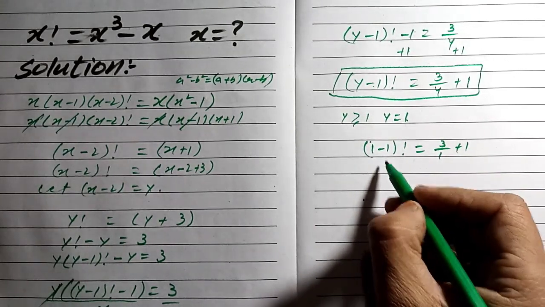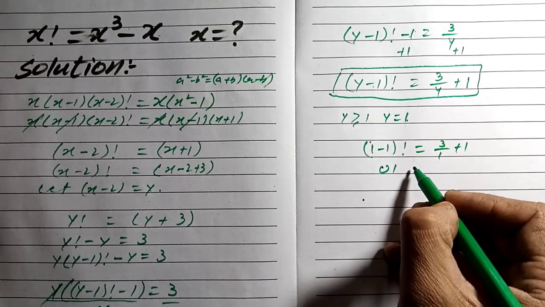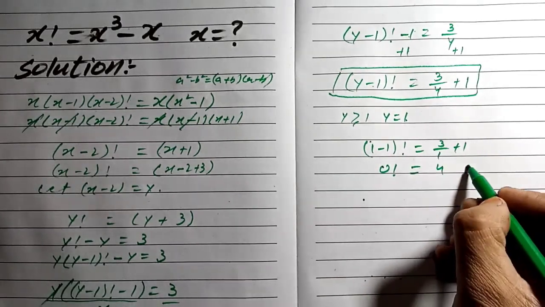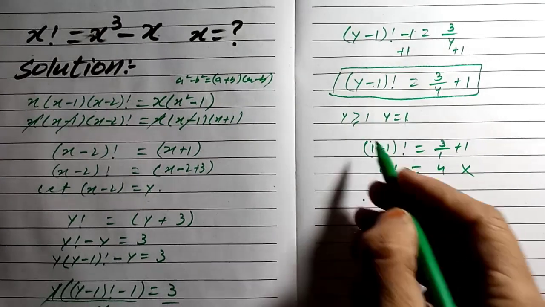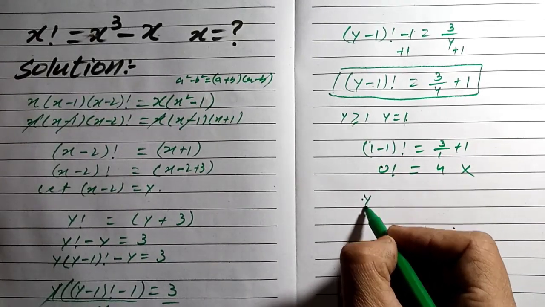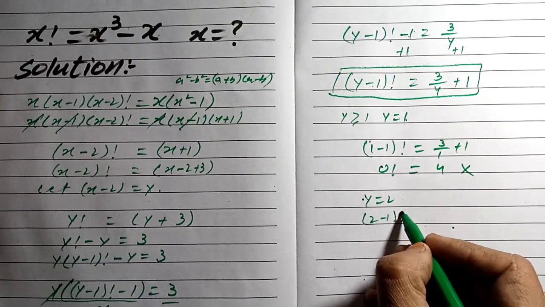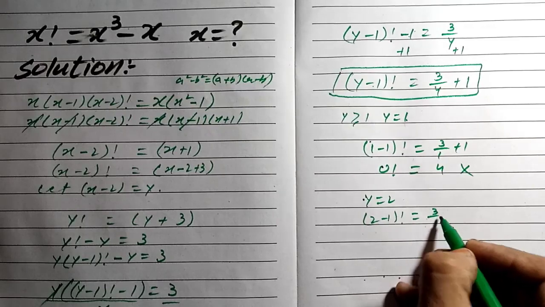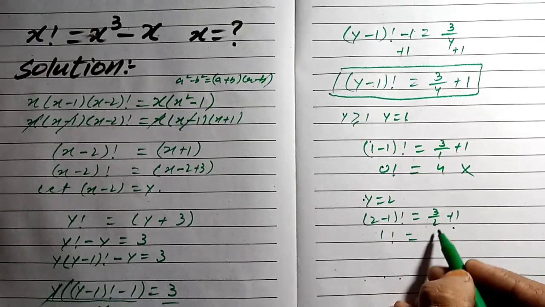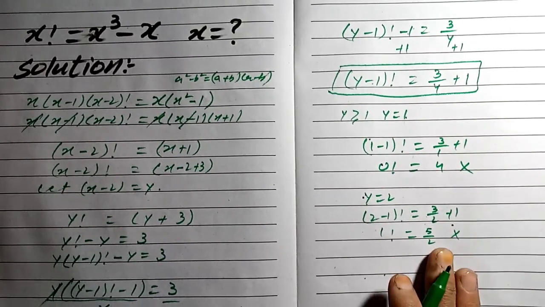So this is 0 factorial, which is equal to 4. So this is wrong. And if we put y equal to 2 in this equation, we get 2 minus 1 factorial, which is equal to 3 divided by 2 plus 1. So this is 1 factorial, which is equal to 5 divided by 2, which is also wrong.